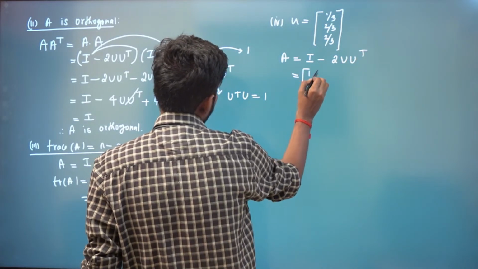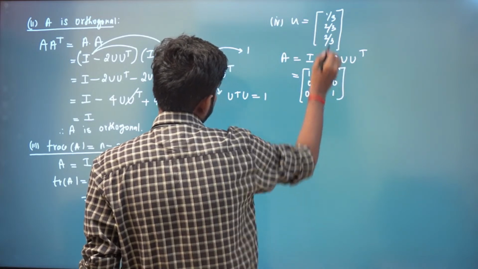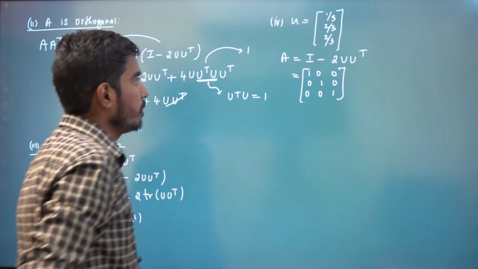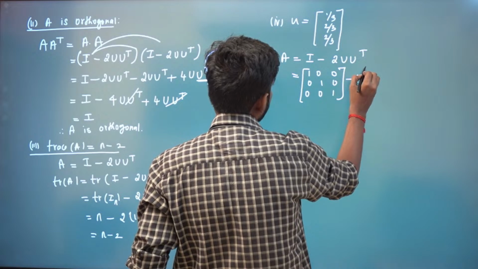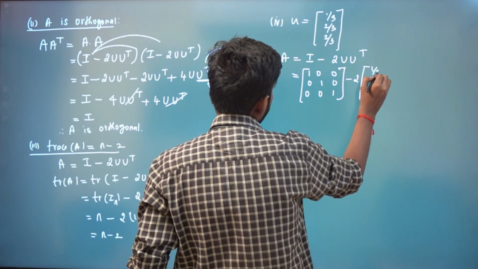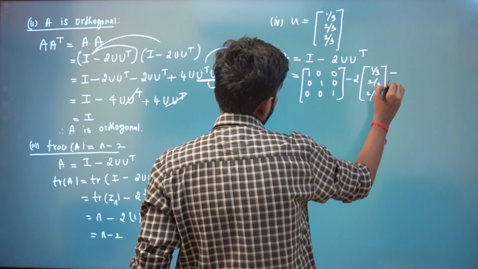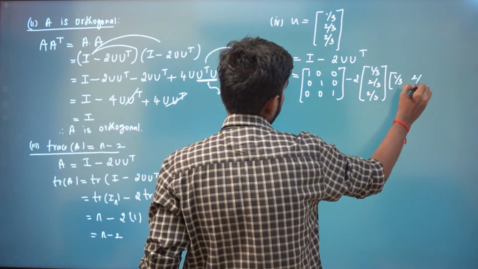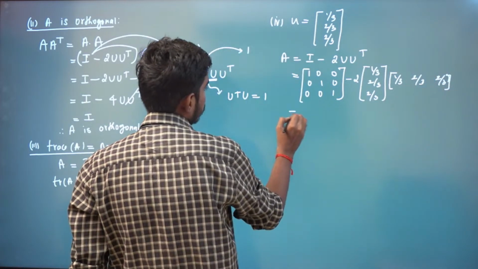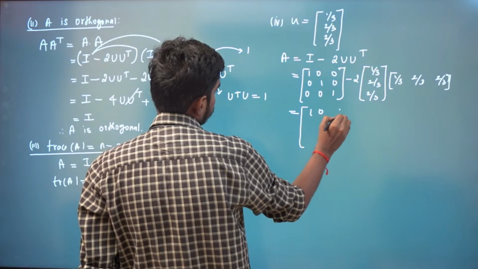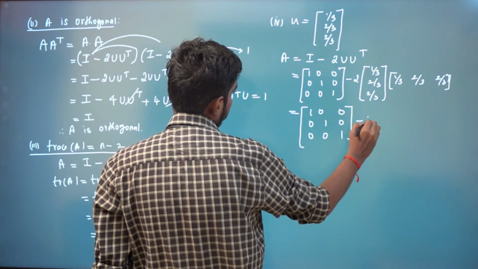So I is given by 1 0 0, 0 1 0, 0 0 1, because this U is a 3 row matrix. So this is 2 times U, where U is 1 by 3, 2 by 3, 2 by 3, into U transpose 1 by 3, 2 by 3, 2 by 3. So this is equal to 1 0 0, 0 1 0, 0 0 1, minus 2 times.